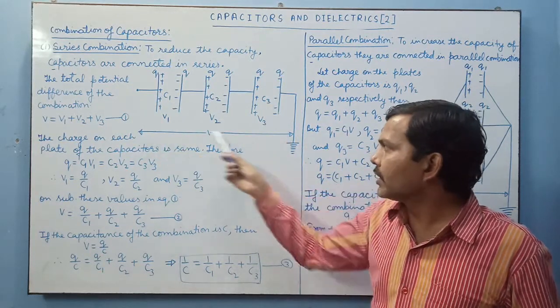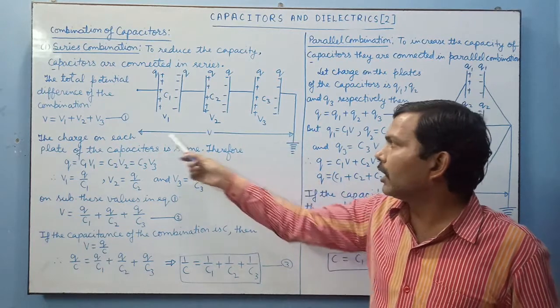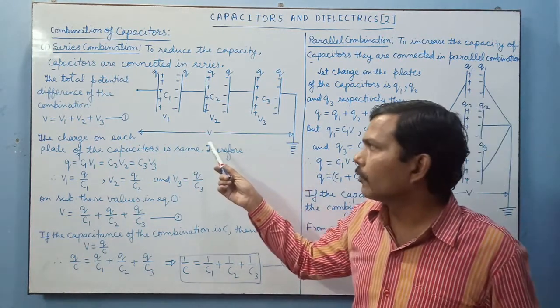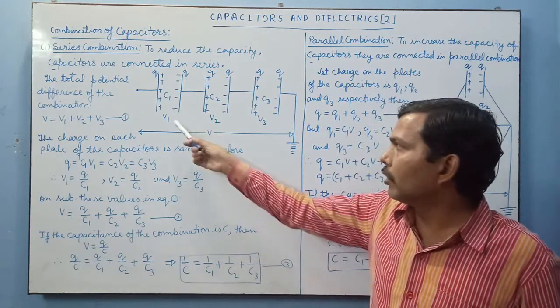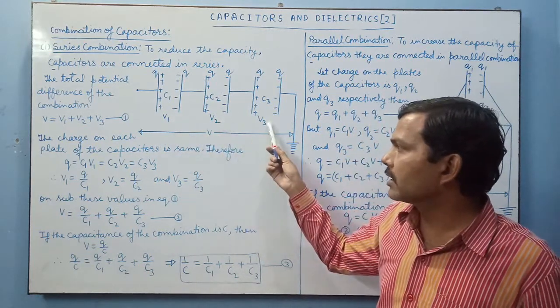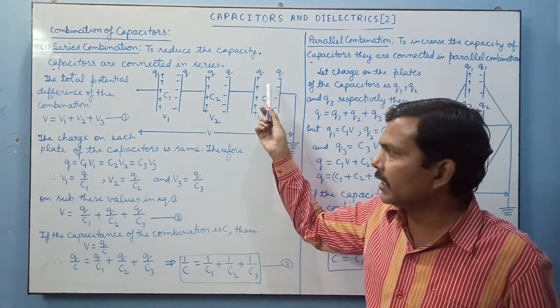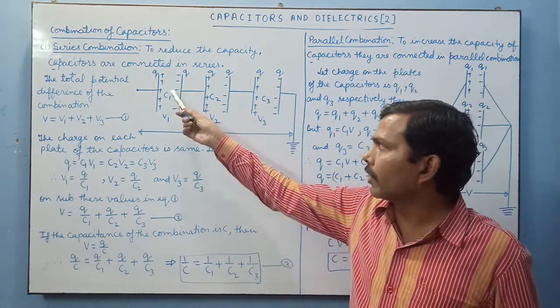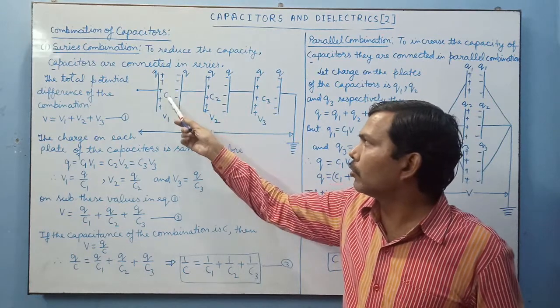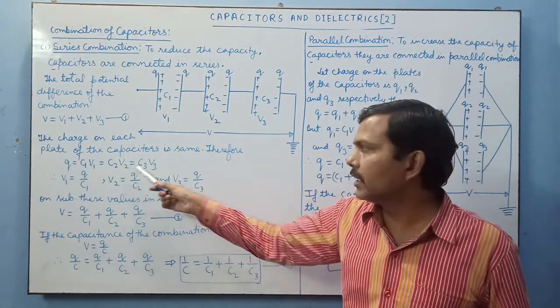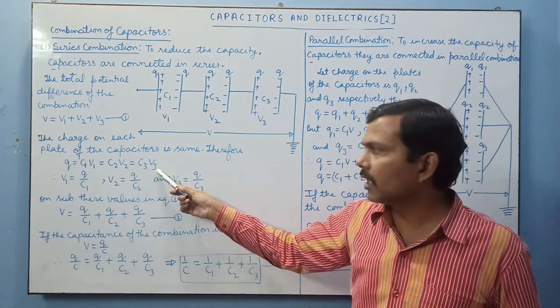Let the total potential difference between the three capacitors be capital V. In this case, we can write capital V is equal to V1 plus V2 plus V3. Charge on each plate of the combination is same. So for first capacitor we can write Q is equal to C1 V1, is equal to C2 V2 for second, is equal to C3 V3 for third.